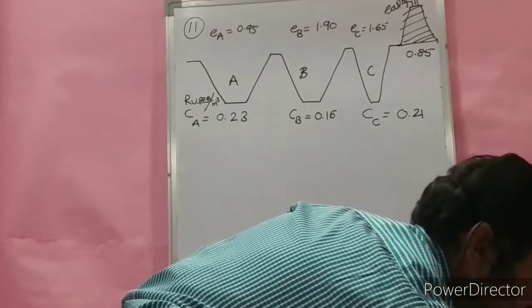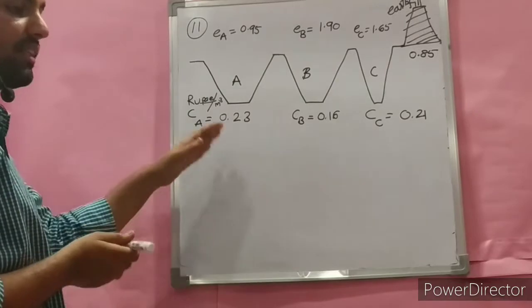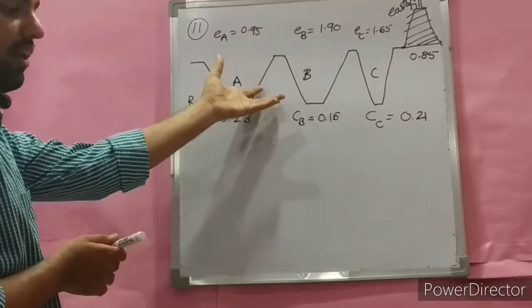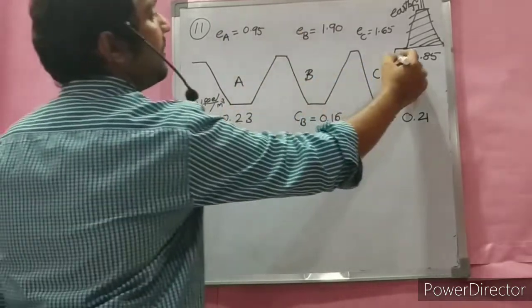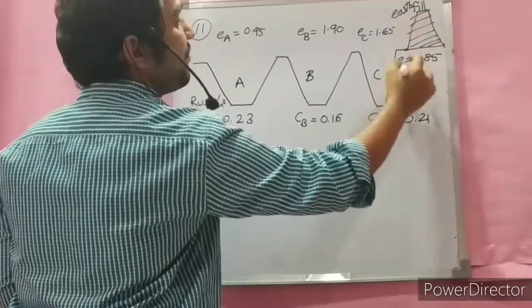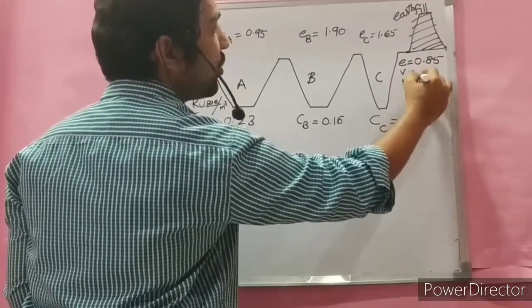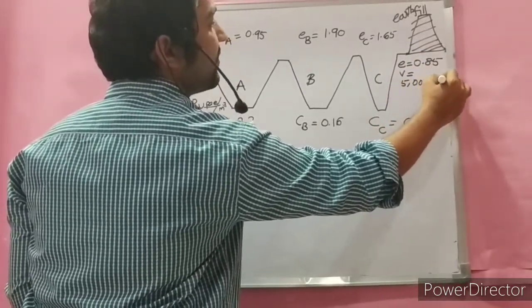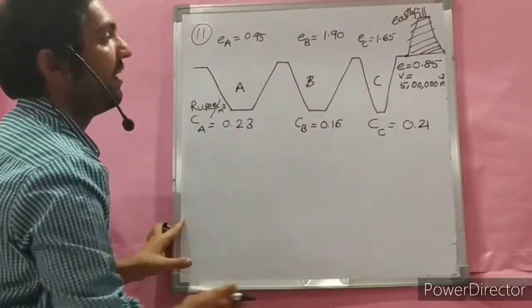What will be the least moving cost? Which pit is most economical? The volume of the total earthwork, this earth fill, is given as 5 lakh cubic meter.